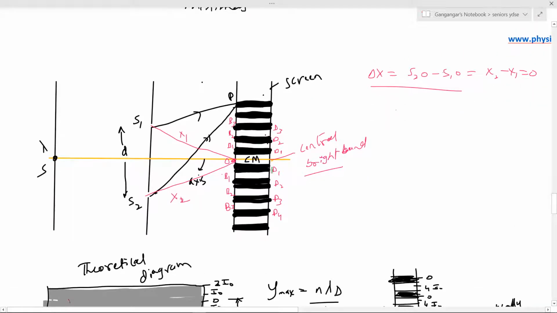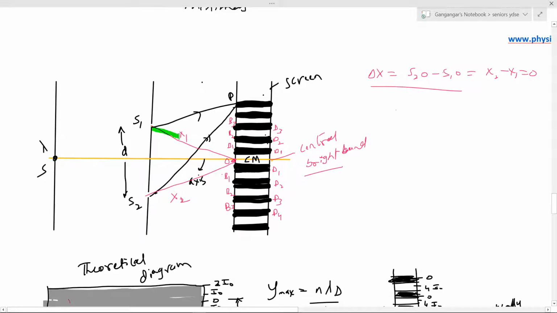Okay, now look at this. This will be the central maxima. I'm highlighting it in green. Why will this be the central maxima? Because the rays emitted by slits S1 and S2 cover equal paths. The path difference of the rays arriving from S1 and S2 at point O will be 0.